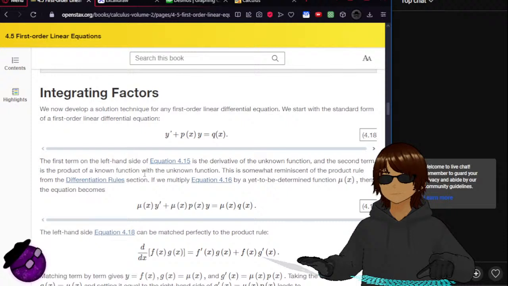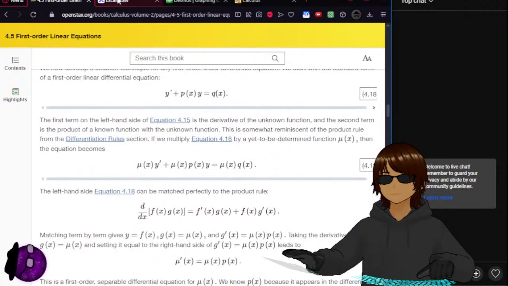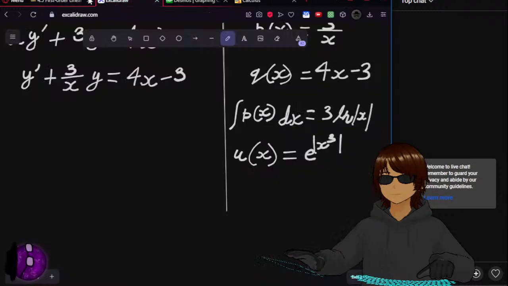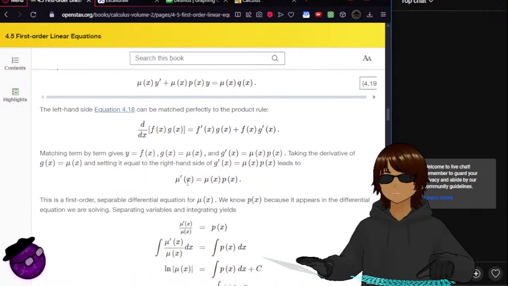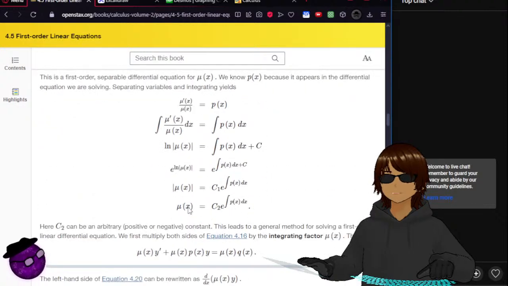Hold on. Multiply all the sides with x, and then we get this. This is done by solving this.